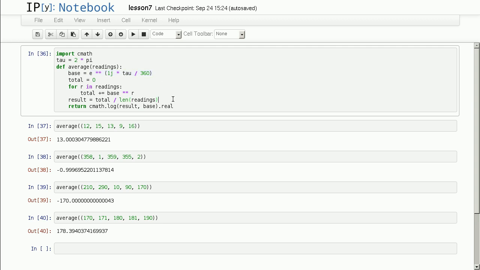Now the second thing I asked you to do in the homework assignment was to also consider the wind speed in addition to the wind direction. One way you might do that would be to make your list of readings include both speed and direction.